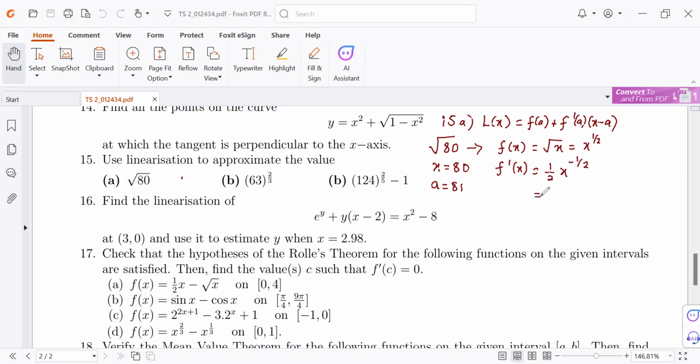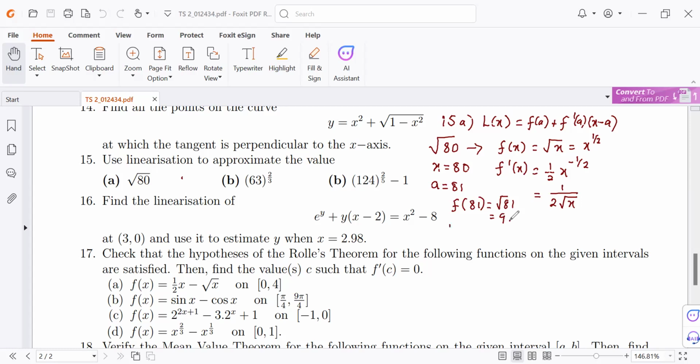So this can be written as 1 over 2 root x. Then we substitute in the function. Before we substitute, we can find f(a). f(a) will be f(81), which is root 81, which is 9.